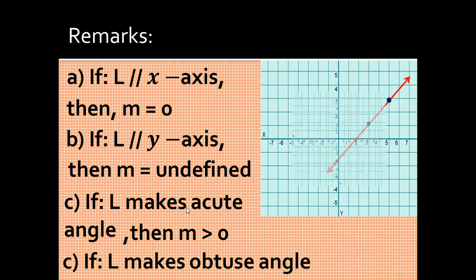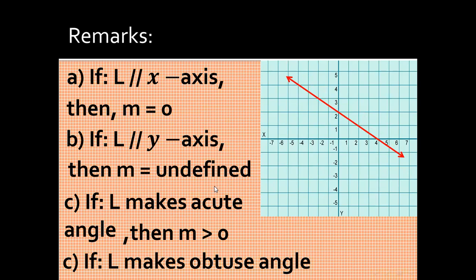But if the straight line makes an obtuse angle with the positive direction of the x-axis, the slope of this straight line is going to be negative, or less than 0.